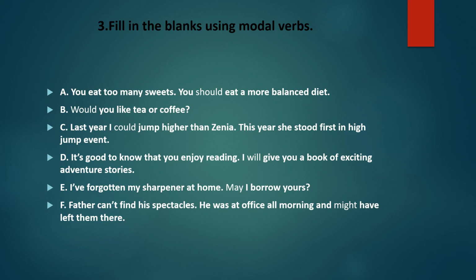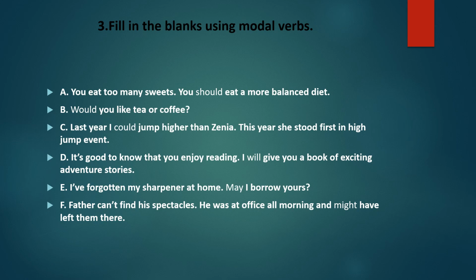So children, I am going to tell you when we will use these modals. Our modals are can, could, will, would, may, might, shall, should, must. If I take first can and could, children, can we use to express ability, or could to express past ability and offering help.